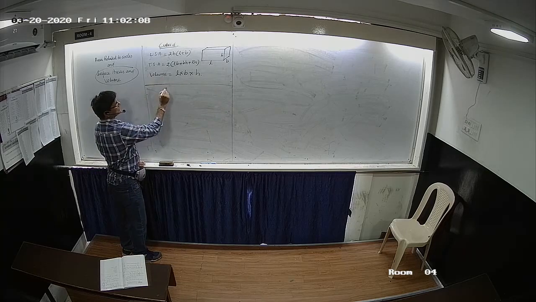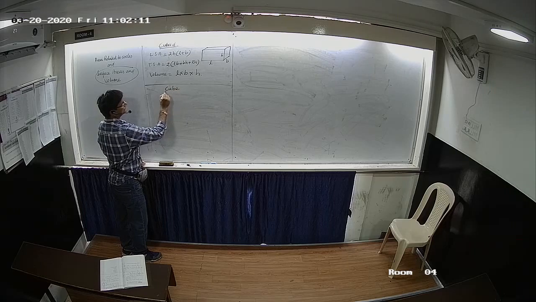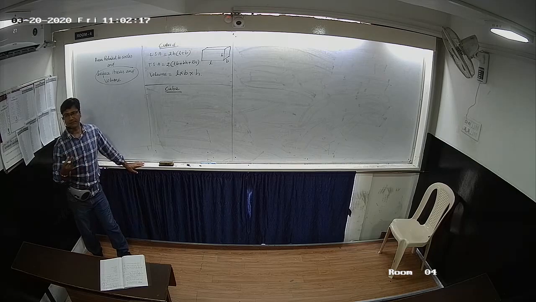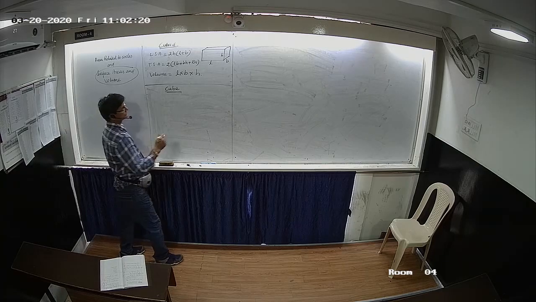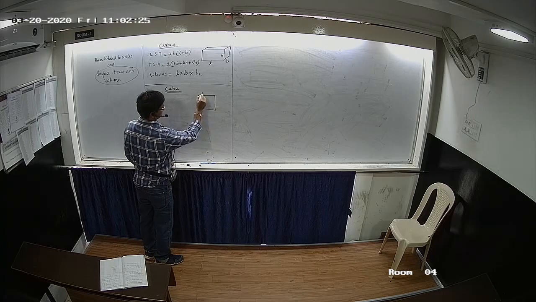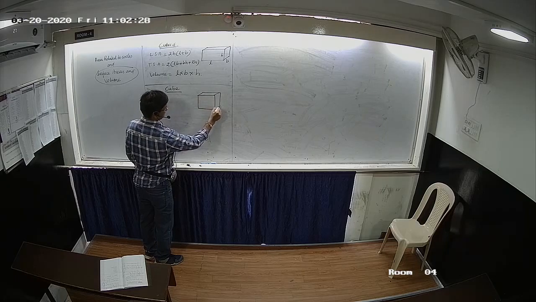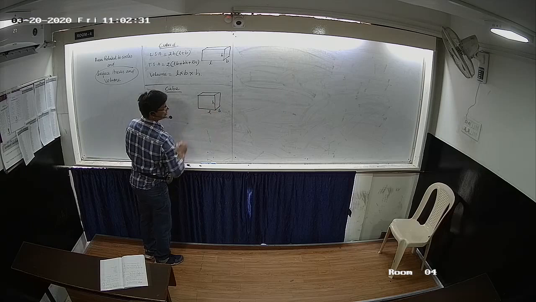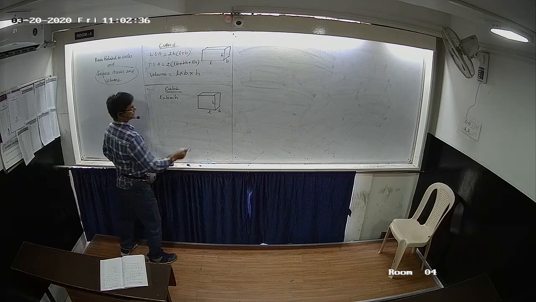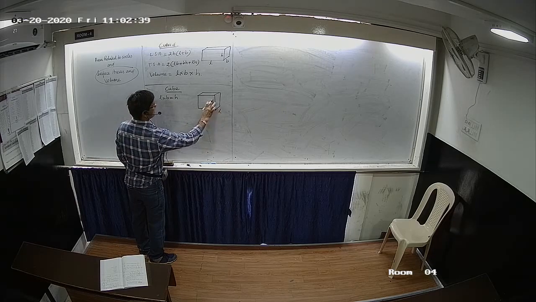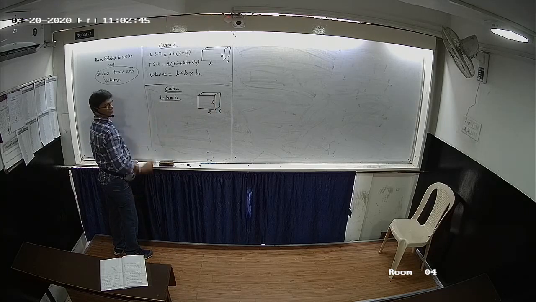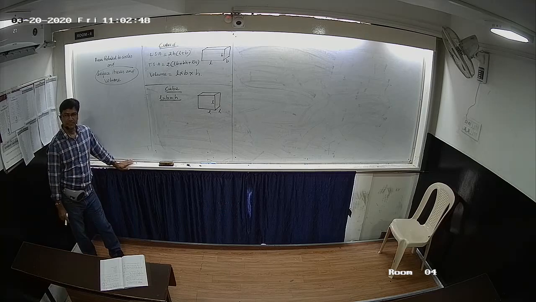Then you have the cube. A cube is a kind of cuboid in which the length, breadth and height are all equal. So L equal to B equal to H, and we can consider this as L, L and L. In a cube, all the edges are equal.